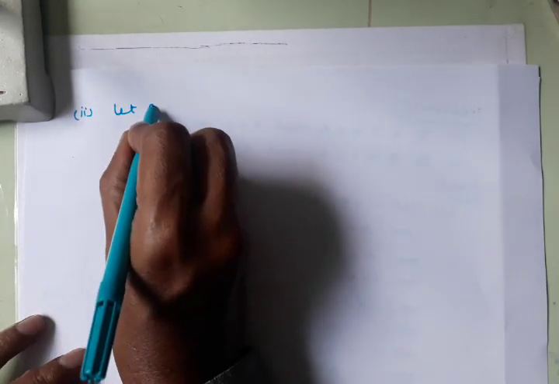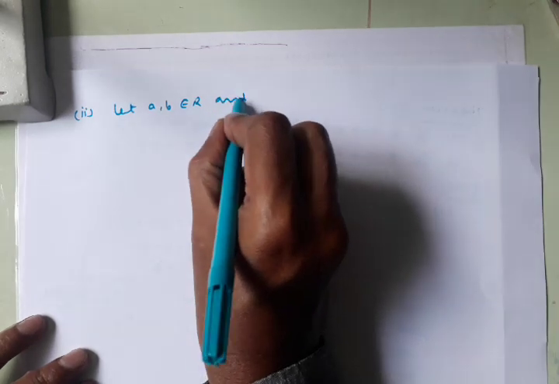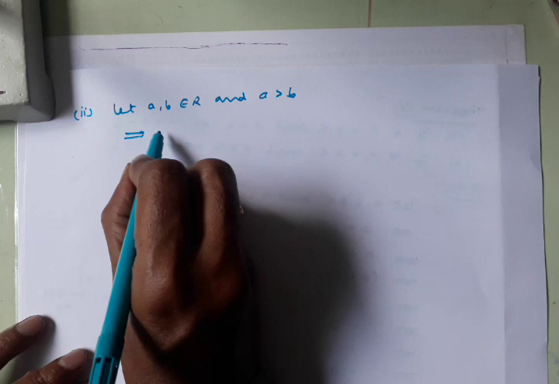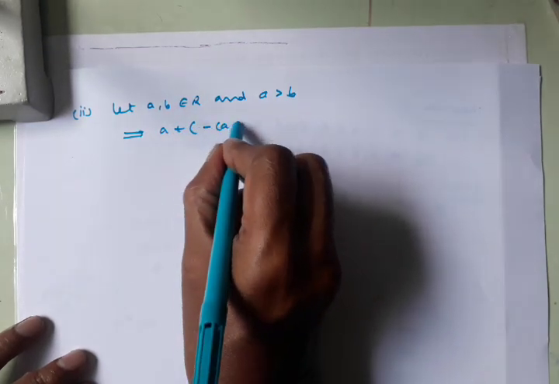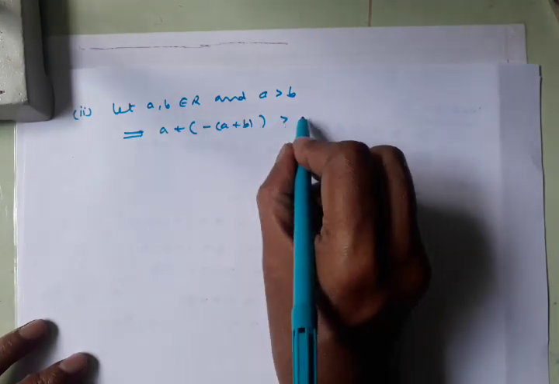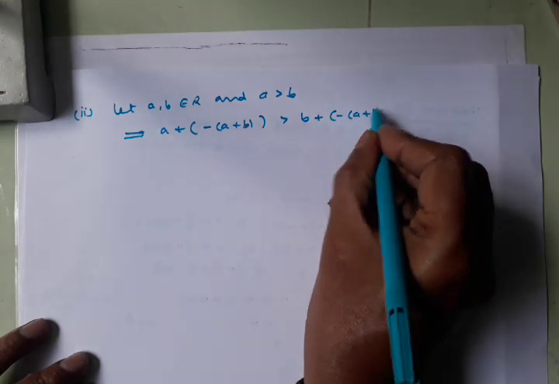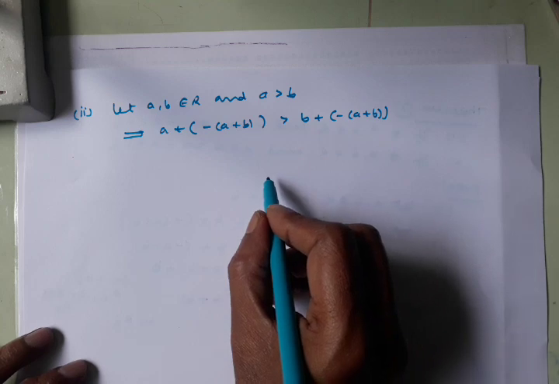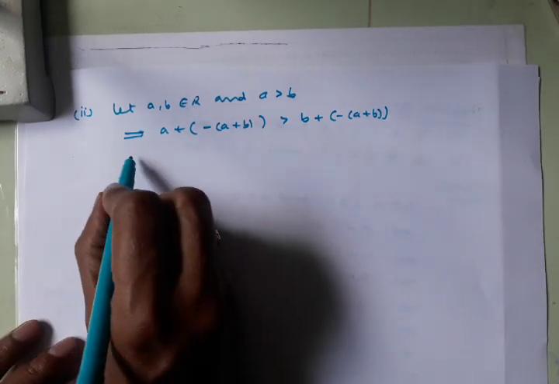Let a, b belongs to R and a greater than b implies a plus of minus of a plus b is greater than b plus of minus of a plus b. As introducing one element on both sides, the inequality will not change for plus.